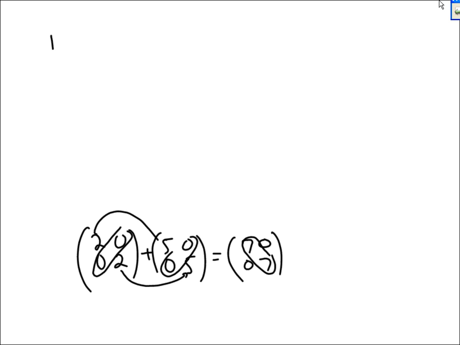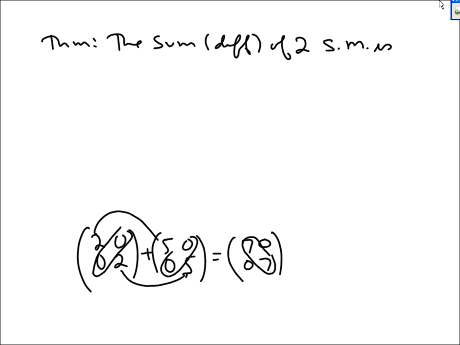So prove, or theorem, or show that the sum or difference of two scalar matrices is a scalar matrix. If you add two scalar matrices, the result will be scalar.